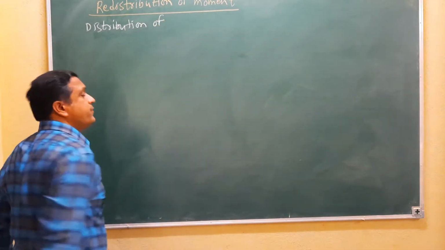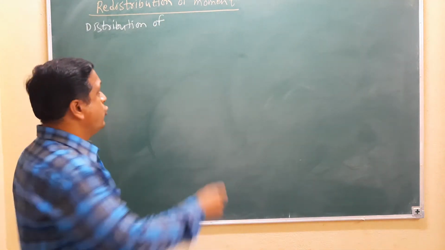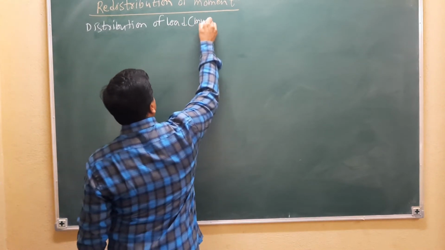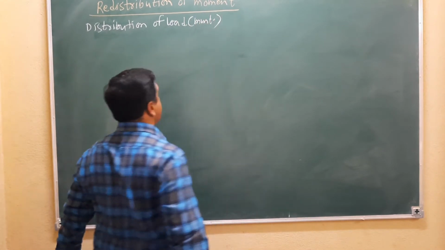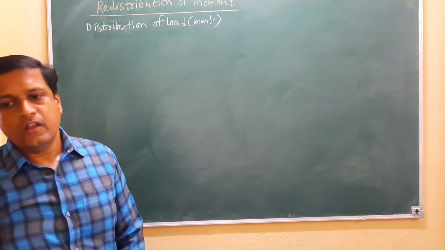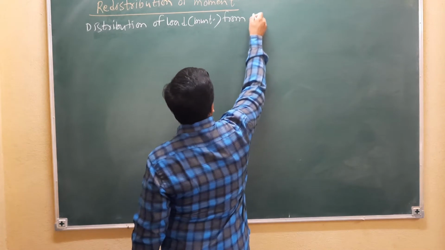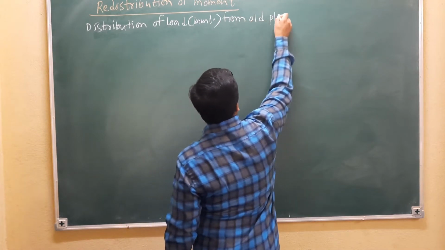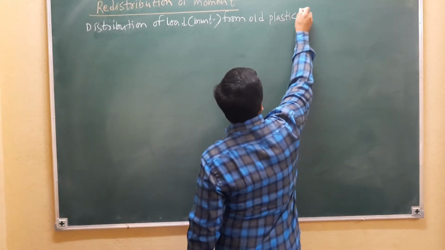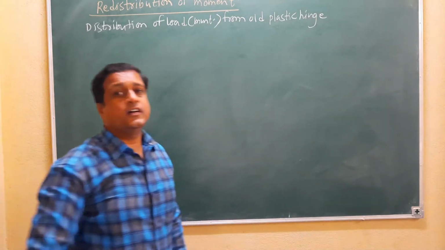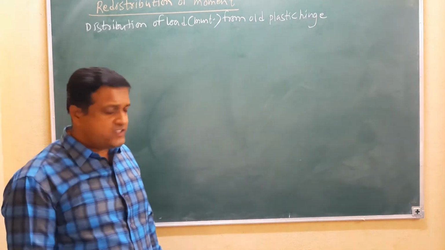The simple definition is distribution of load, or you can say moment, from the old plastic hinge to the newly developed plastic hinge. I will tell you exactly how it is old plastic hinge and new plastic hinge.